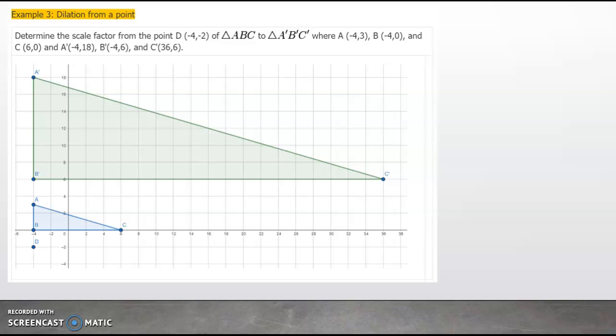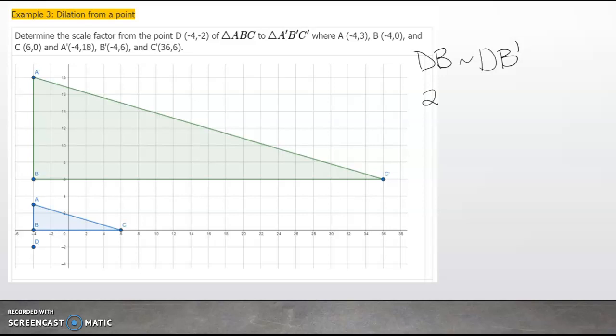Since this is a dilation, I know that the distance from D to B will be similar to the distance from D to B prime. D is at -4, -2, and B is at -4, 0. So the distance from D to B is 2.